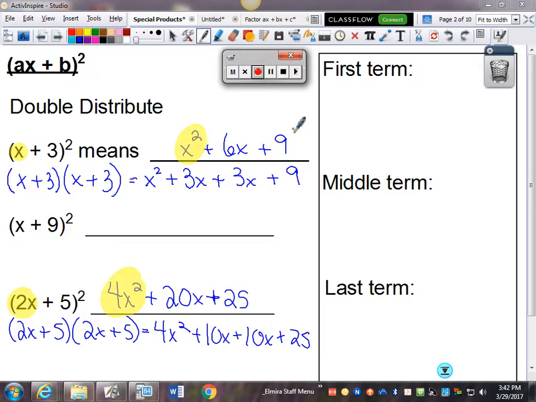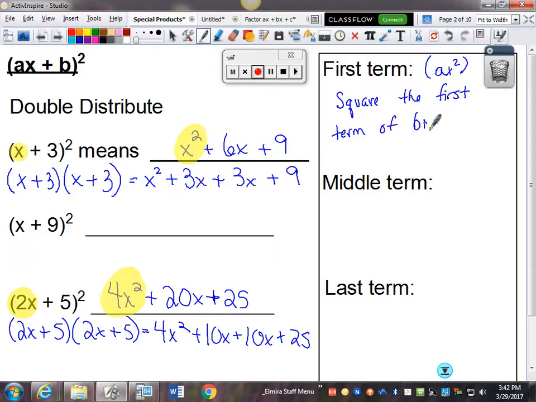My first term, which is my ax squared term, is where I take and I square the first term of the binomial. And I'm going to skip to the last term for a second.